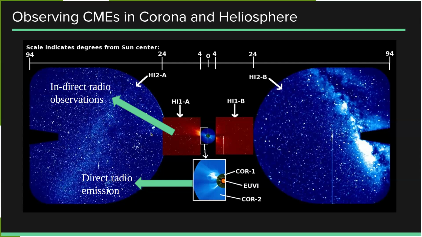When the radio emission from these background sources passes through the CME plasma and heliospheric plasma, their intrinsic properties get modified. If we can measure those changes, we can probe the magnetic field as well as the electron density of the CME plasma.